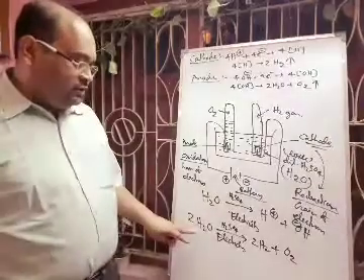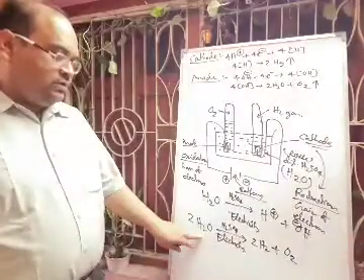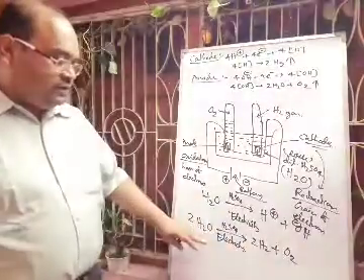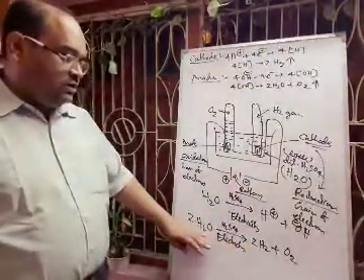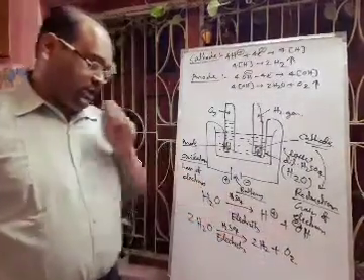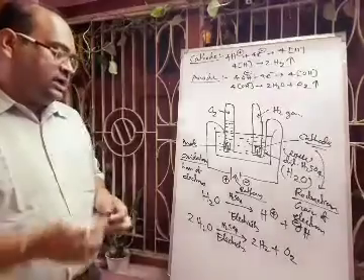So if we take 2 moles of water, it will produce 2 moles of hydrogen and 1 mole of oxygen. Understand? From here you can easily understand.